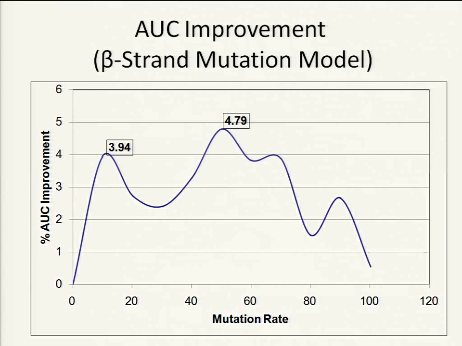Next, we look at beta strand mutation. Like the simple mutation, we got multiple peaks, and a peak improvement of 3.9% at a certain mutation rate, with the best at a 4.7% rate.